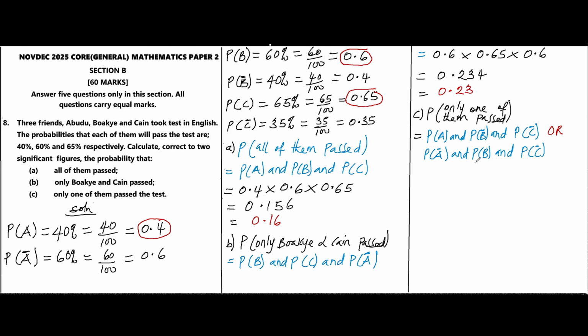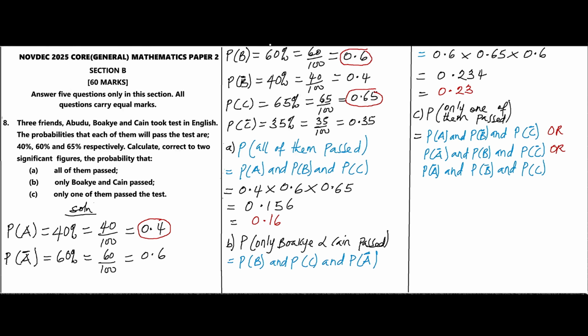So in this second scenario, it is only Boakye who passed. Or lastly, this is also another condition. This time Abudu will fail and Boakye will also fail, and this time Cain will pass. So these are the conditions.